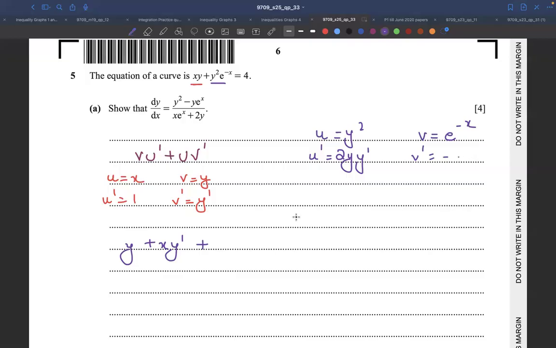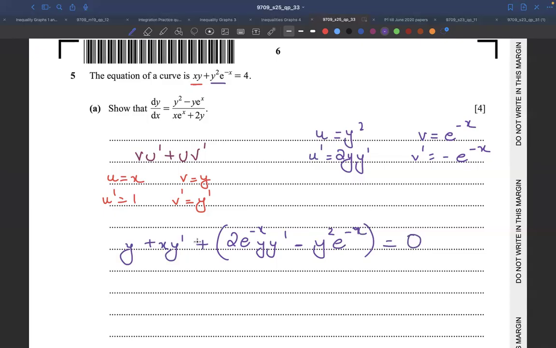So this will become like this. Again applying vu', we'll get 2e to the power minus x, and then we have y and y', plus, but this is a minus sign, so we can just write minus uv' will become y squared e to the power of minus x, equals the derivative of 4, which is 0.